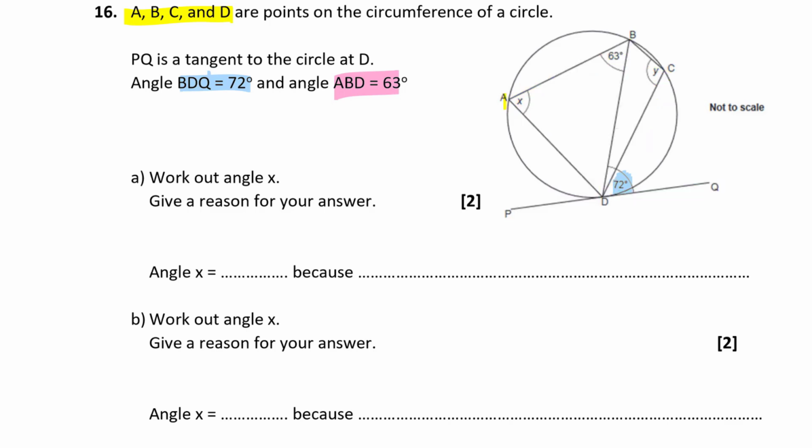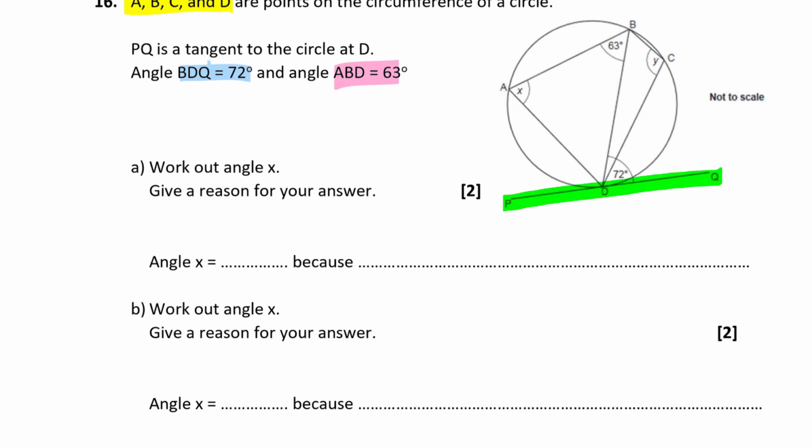Okay, so to find angle X, how are we going to do that? Let's just clean this diagram off and have a look at it again. So we said that PQ was a tangent. Now notice that there's a line drawn from D up to B, isn't there? So that is a chord drawn at the point of contact with the tangent. And we've got this angle here, which is 72.